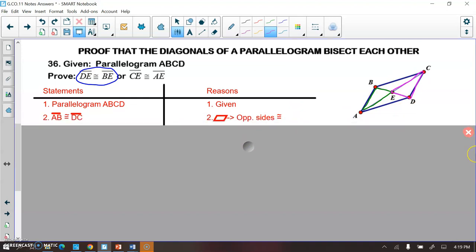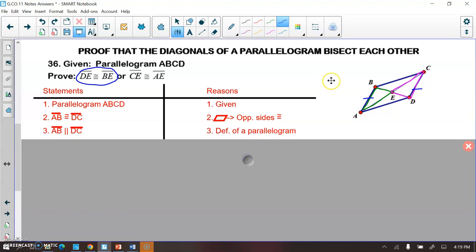So a parallelogram has opposite sides congruent. So I can right away say that AB and CD are congruent because we are given a parallelogram and opposite sides are congruent in a parallelogram. It would not be beneficial for us to say BC and DA congruent because those are not involved in that green or pink triangle.